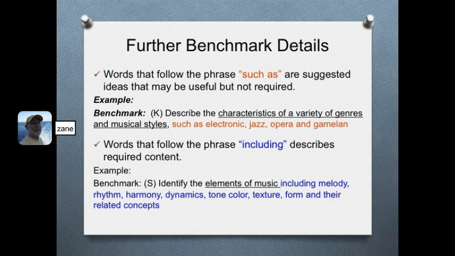Words that follow the word including describe content that is required. For example, in this case, identify the elements of music including melody, rhythm, harmony, dynamics, tone, color, texture, form, and the related concepts. Those are requirements of the benchmark.